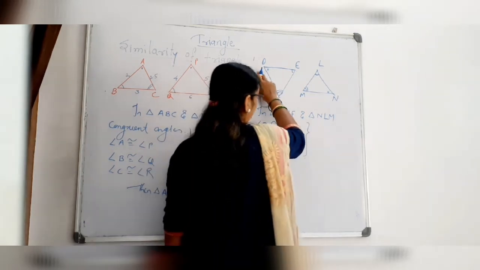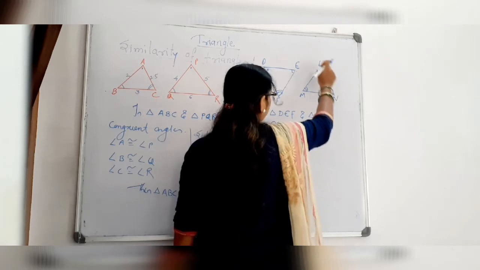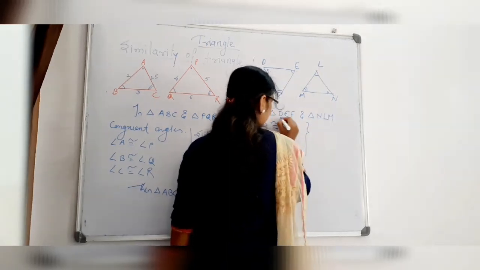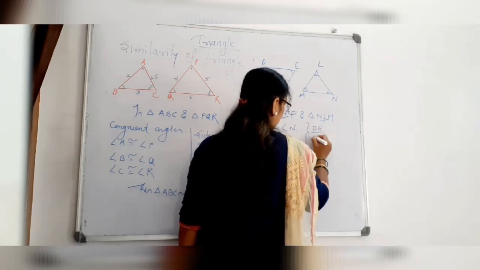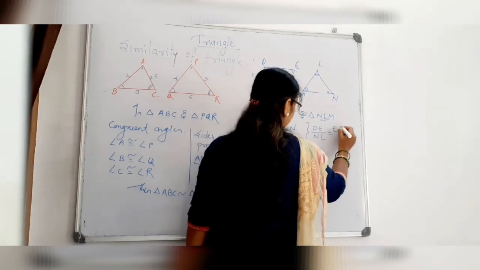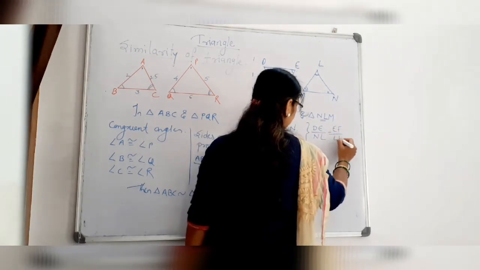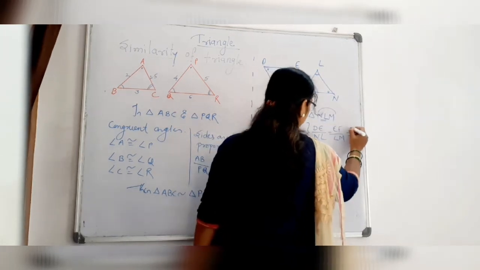Which sides? If we take DE, then here you have to take NL. DE upon NL, then EF upon LM, and third DF upon NM.